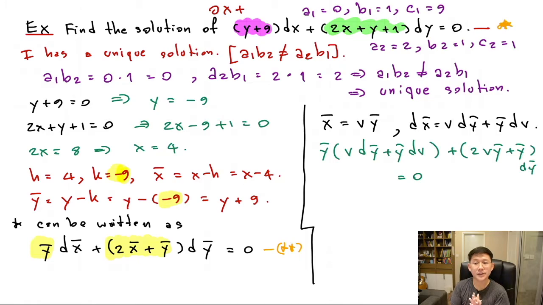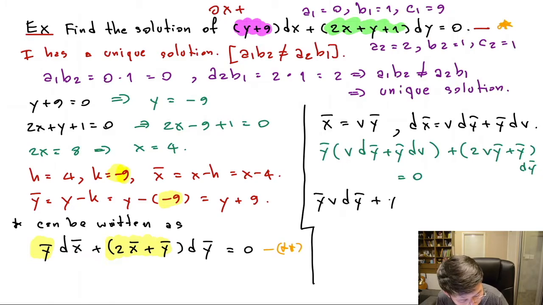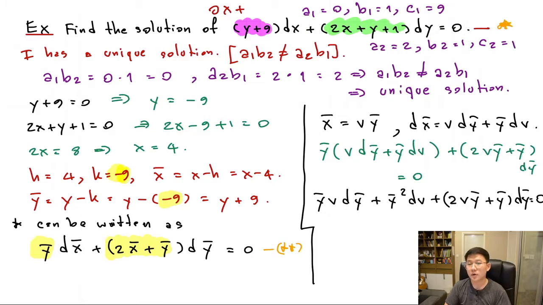Okay, makes sense? So what we have is y bar v dy bar plus y bar squared dv plus 2 v y bar plus y bar dy bar equals 0. Okay, so basically I just multiply y bar into the parentheses.